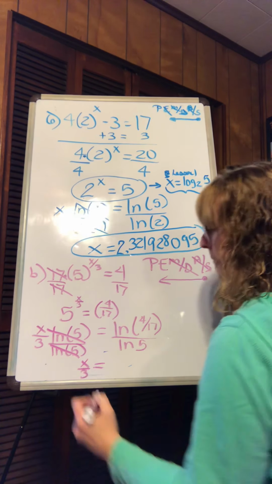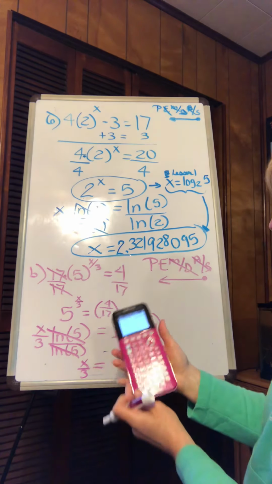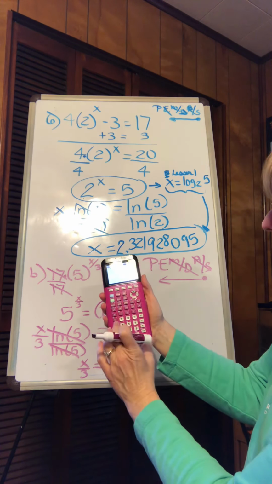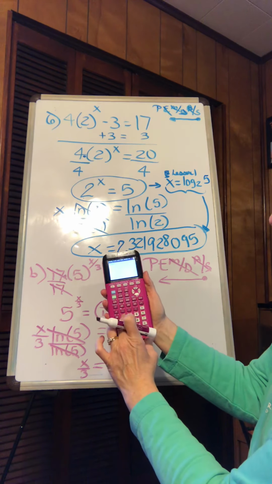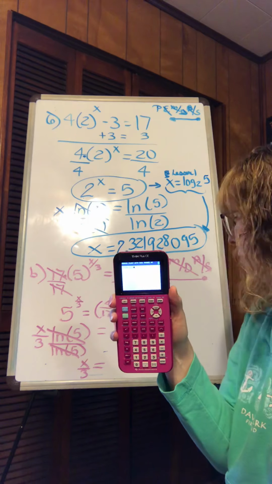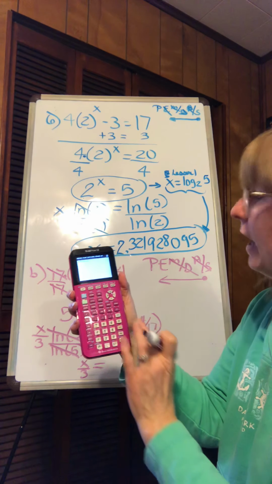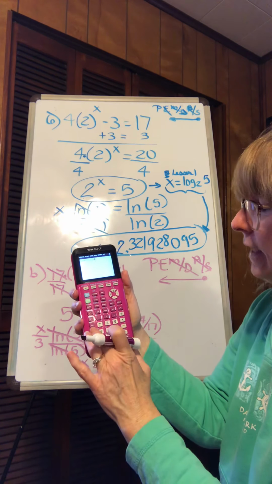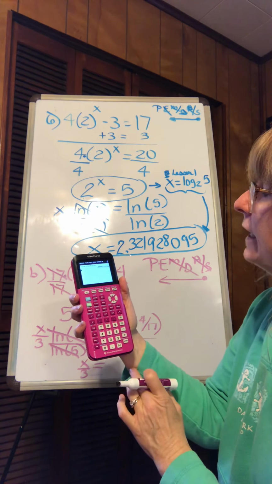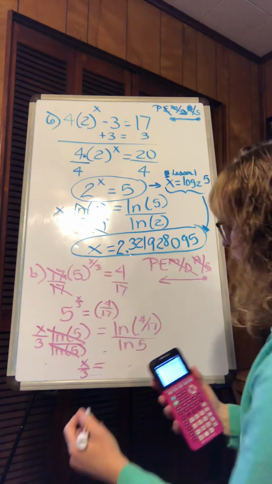Now I want my number. So now I'm typing everything in on the calculator. So the first thing, I'll type natural log 4 divided by 17 in the parenthesis. So make sure you keep that in the parenthesis. Now divide by the natural log of 5. And we get negative 0.89902.